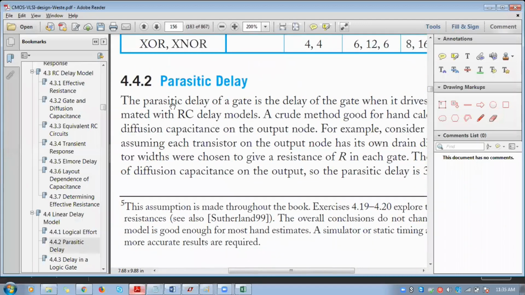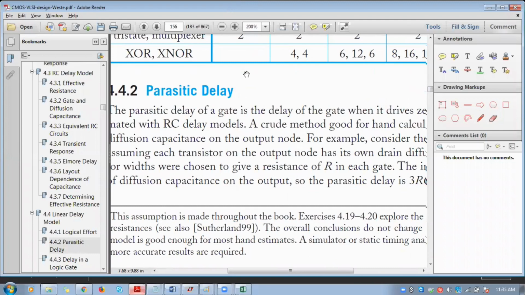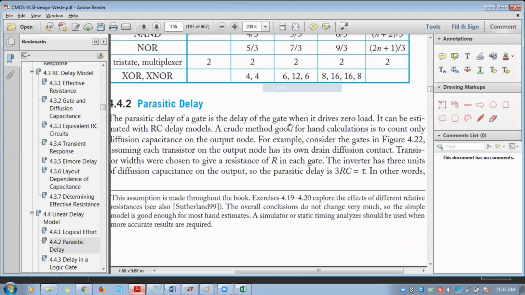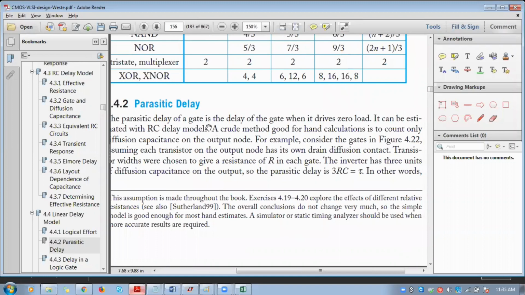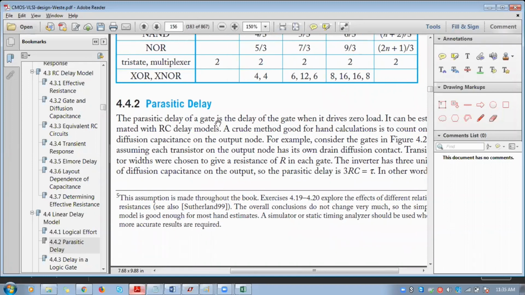As per the definition, the parasitic delay of a gate is the delay of the gate when it drives zero load. While considering the RC delay model, we connected a particular gate to a load for the delay to be calculated, right? Here we should not connect any load, so we calculate the parasitic delay.